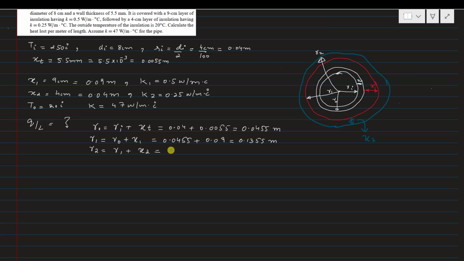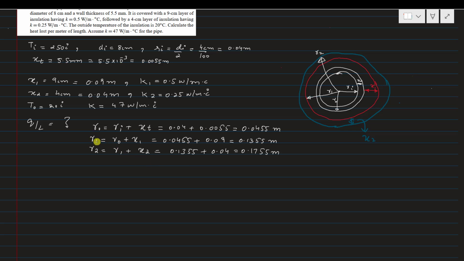And what is R2? That is 0.1355 plus X2, that is 0.04. After adding, you will get its value, that is 0.1755 meter.